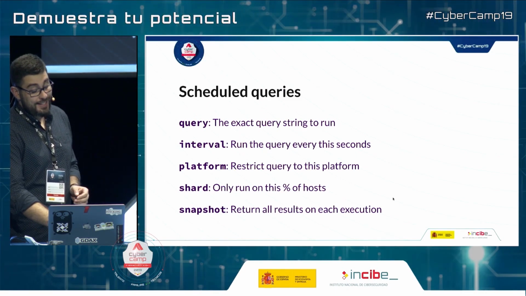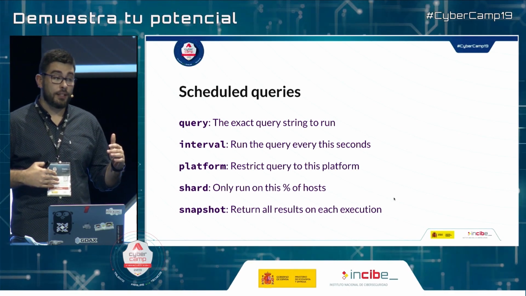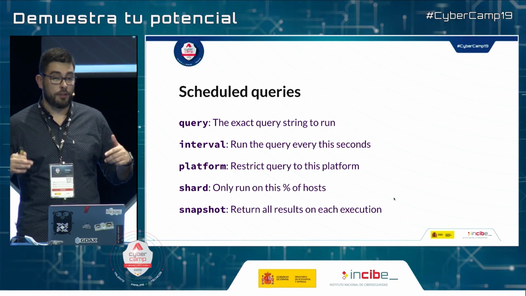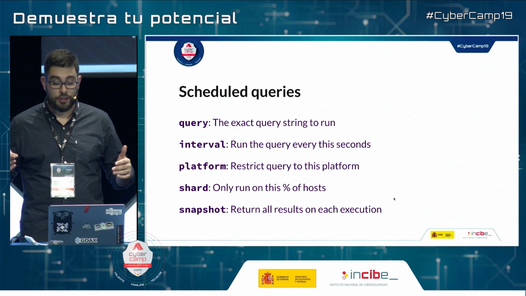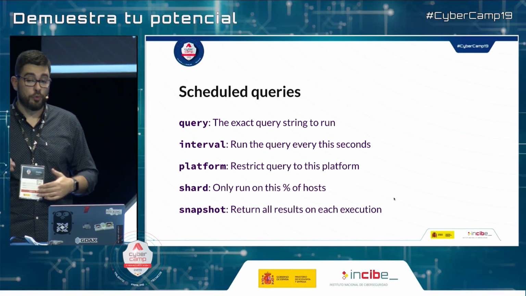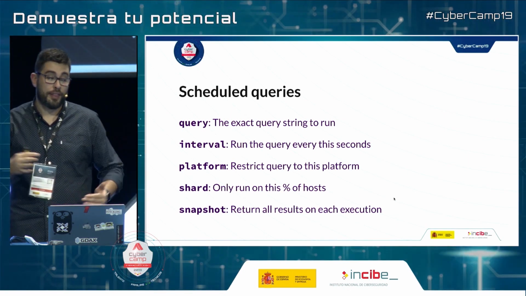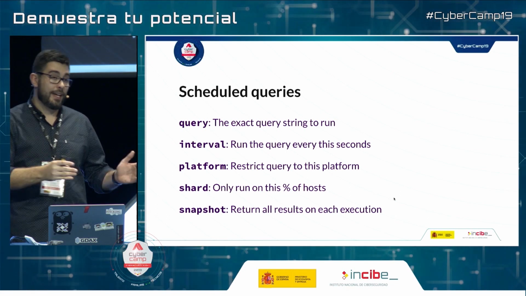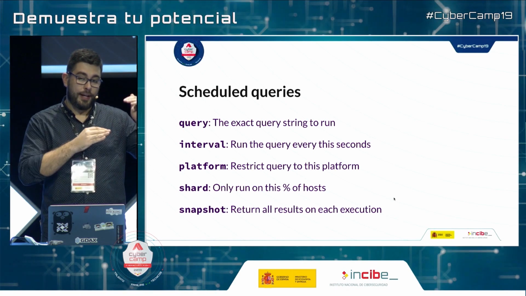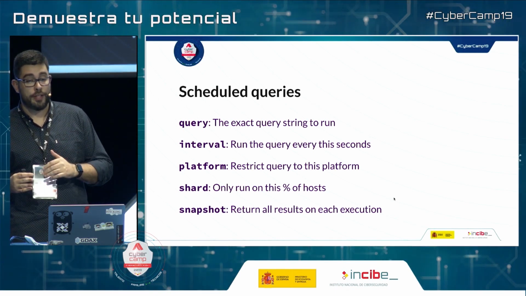Anyway, so what I was saying is that if you configure the snapshots to be queries that generate a lot of information, you have to take into account that you're going to get a lot of information generated every time this gets executed. So if you want to know the processes all the time and you're going to be executing it for a long time, you're going to have a list of processes all the time. So you will have a lot of information. And that is where you need to take into account the information that is being generated, because this obviously takes up memory space.